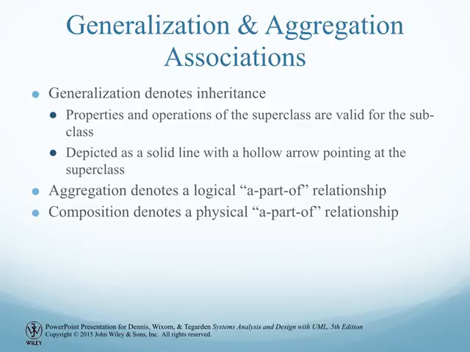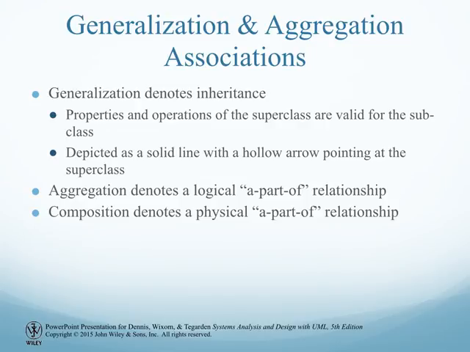That's what the generalization relationship is showing. When we have a generalization relationship, we have a solid line with an arrow pointing to the parent. So an employee will have a line with a hollow arrow pointing to the person class, because the employee would be a subclass or child class of the person superclass or parent.